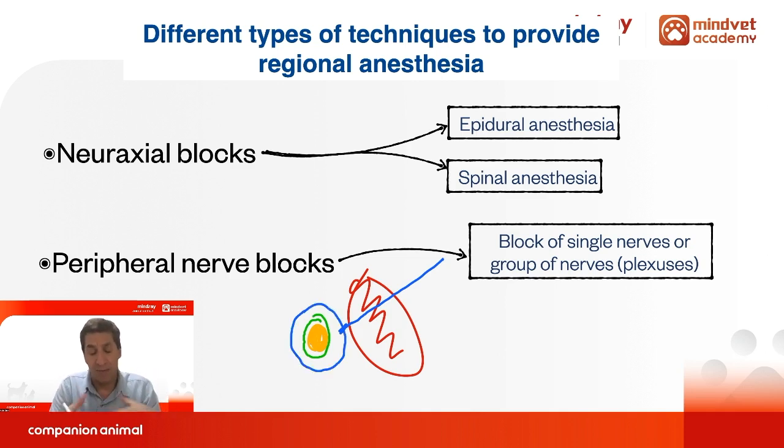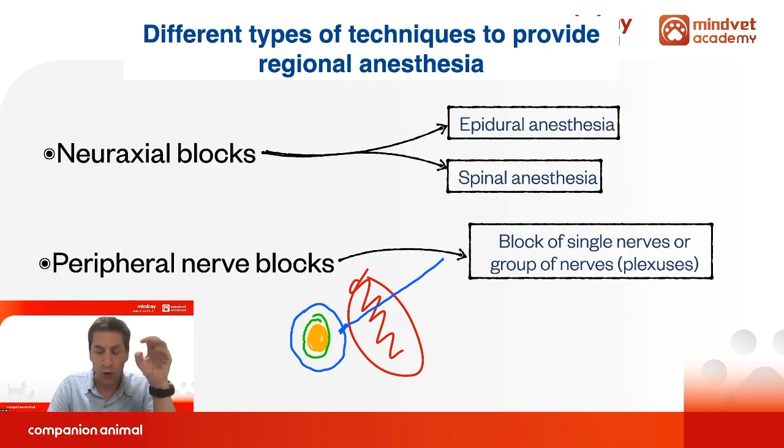As you can see in my rudimentary drawing, the needle should be very near the nerve. For that reason, the technique we use to make peripheral nerve blocks should be a meditated technique, in order to avoid the main potential problem related to peripheral nerve blocks, that means the lesion of the nerve with the needle.